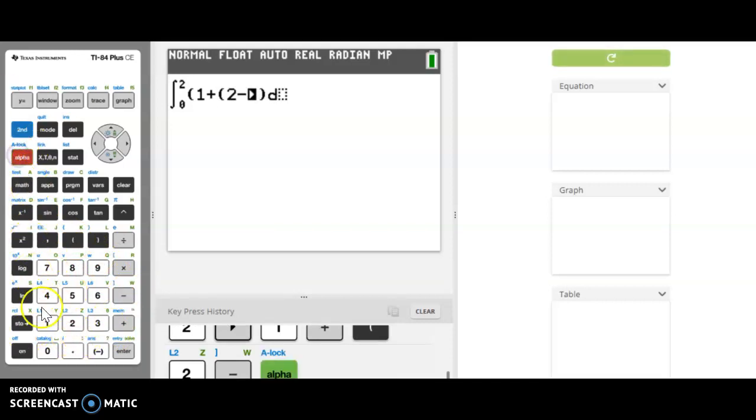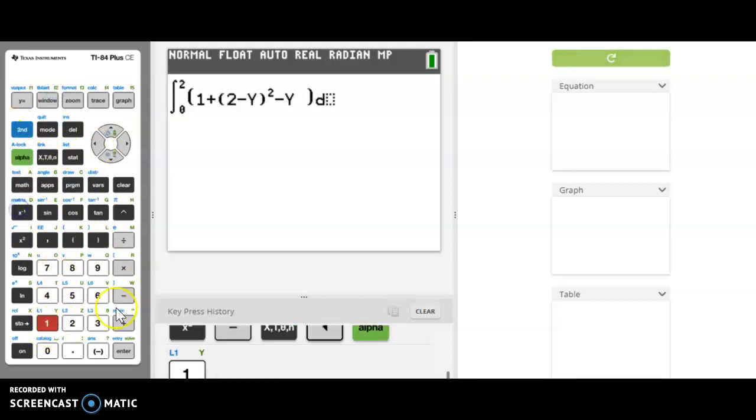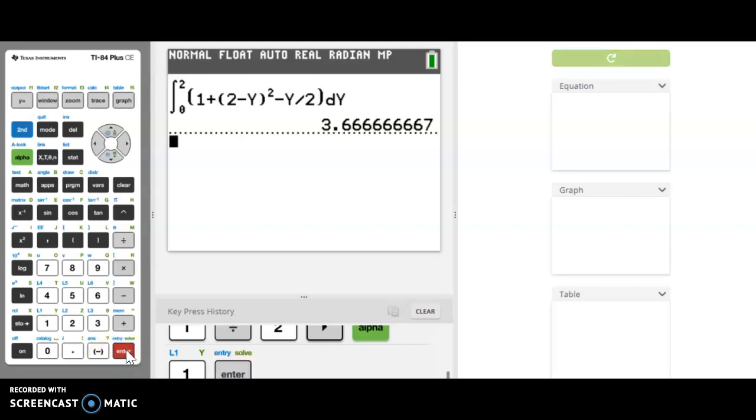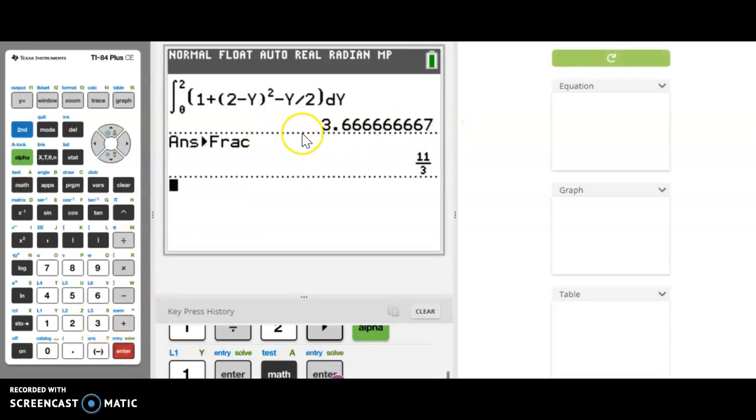I can choose alpha y, close, squared, minus alpha y over 2 over here, and as long as my variables match, do alpha y again, then hit enter, it gives me that. Again, I can math frac this if it's a multiple choice, and it tells me, oh, that's 11/3.